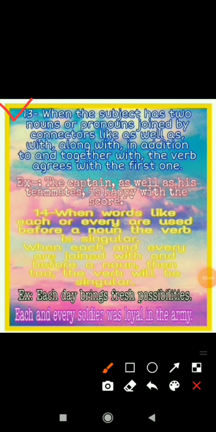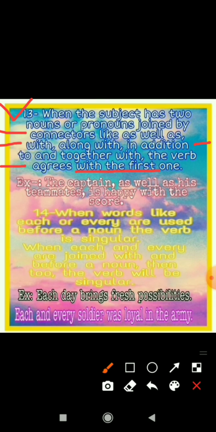Rule number 13 is when the subject has two nouns or pronouns joined by connectors like as well as, with, along with, in addition to, and together with, the verb agrees with the first one. So if in a sentence the subject has two nouns or pronouns joined by connectors like as well as, with, along with, in addition to, and together with, then the verb will agree with the first one.